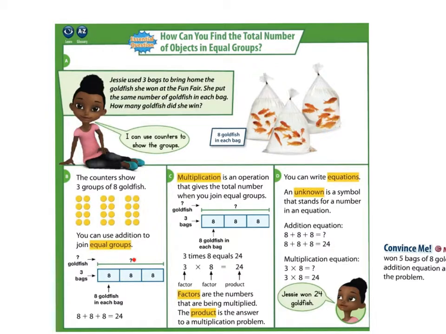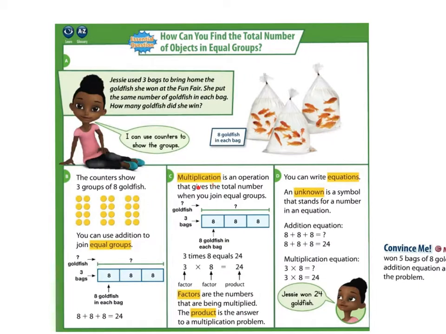The line shows us the total number, which is what we are trying to find. We know that there are 3 groups, represented by our 3 boxes, and there are 8 fish in each group. So this diagram shows us 8 plus 8 plus 8, and that equals 24.